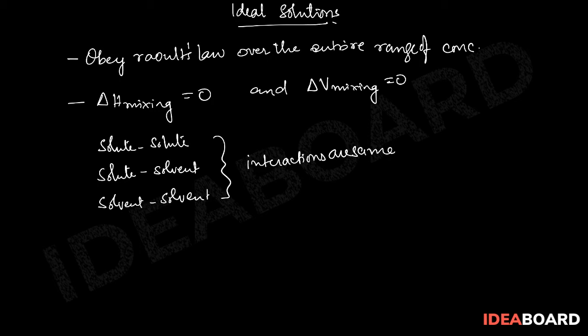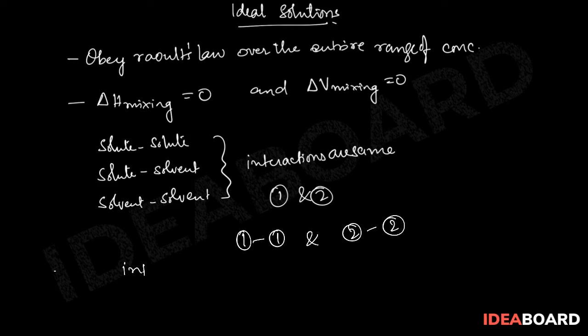What exactly happens is very simple. Let us take a solution of two components, component 1 and 2. Component 1 will have interaction 1,1 and component 2 will have interaction 2,2. Now when the solution is made from these two components, the solution will have interaction 1,2 in the solution.